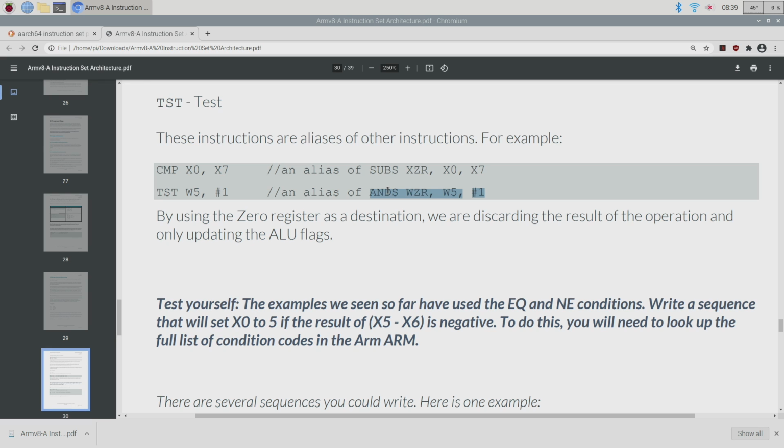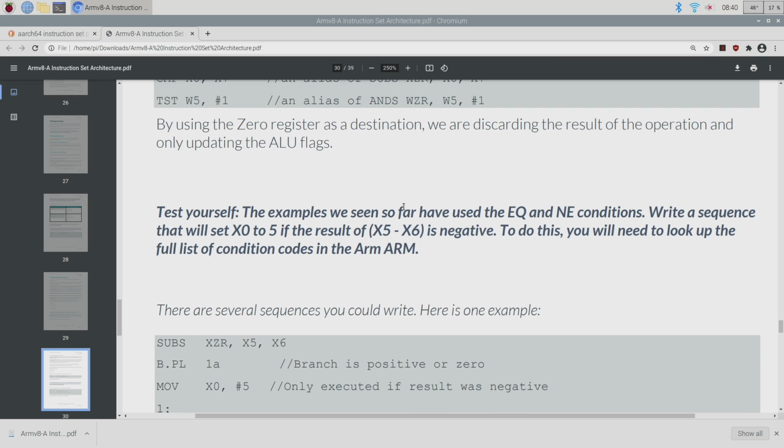Okay, but point being, you need to be able to do logical instructions, and the test instruction is really just an alias for anding against a given bit pattern.